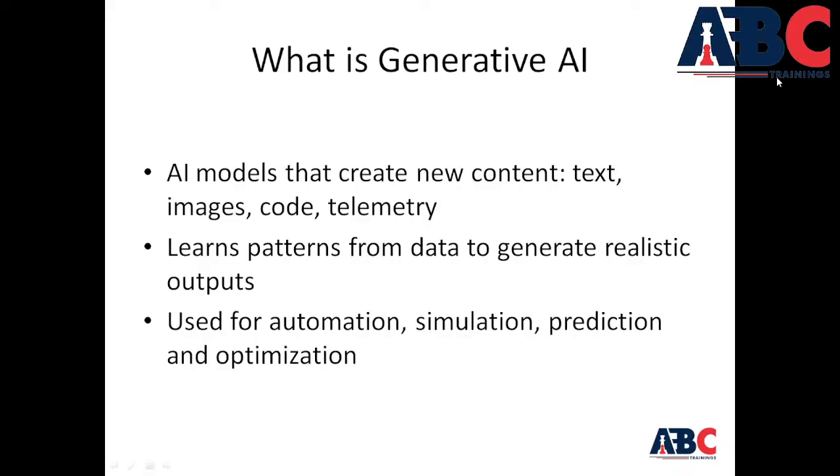This reduces manual workload, accelerates content creation, and allows teams to focus on innovation and strategy rather than understanding. Generative AI supports conversational interfaces, enabling human machine interactions that improve user experience and accessibility.